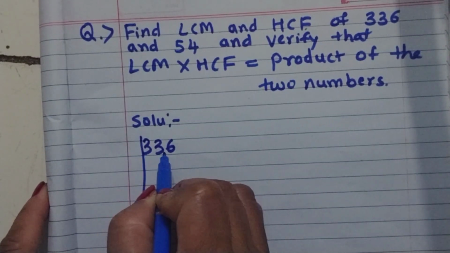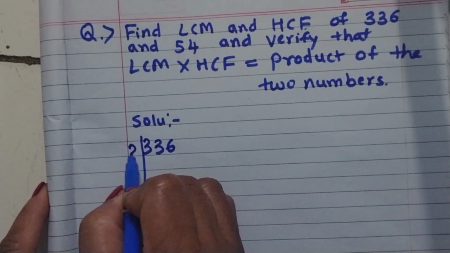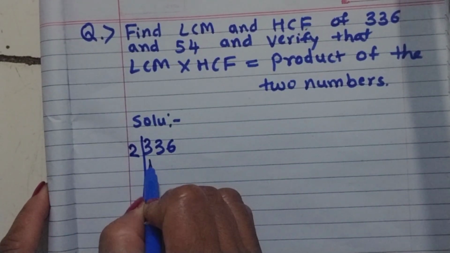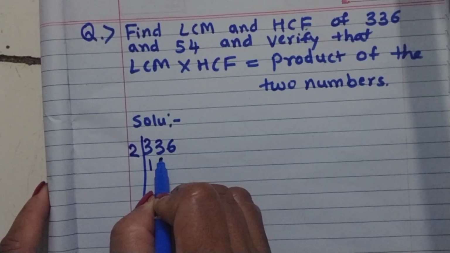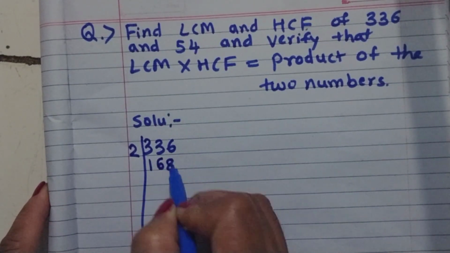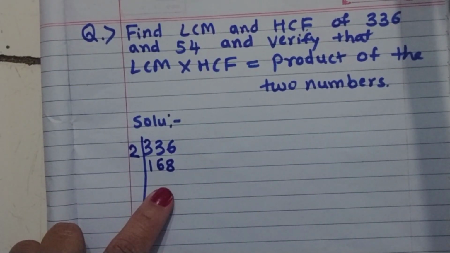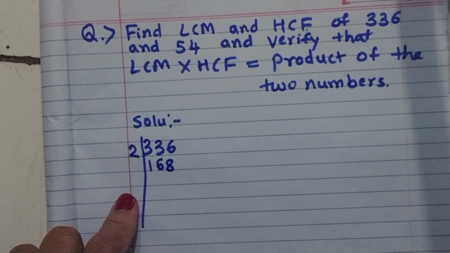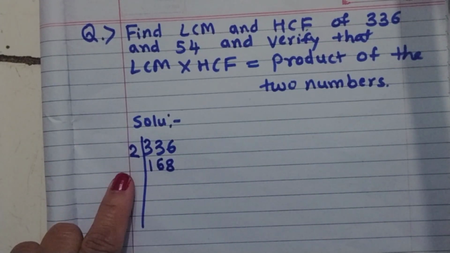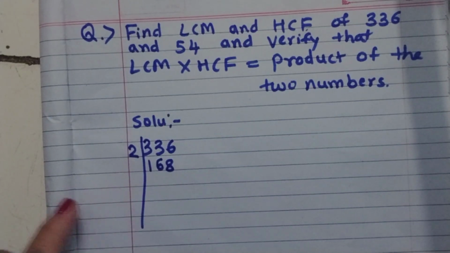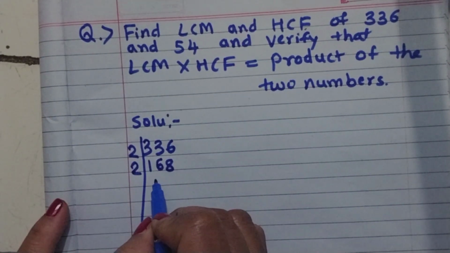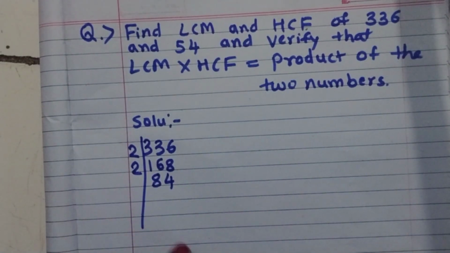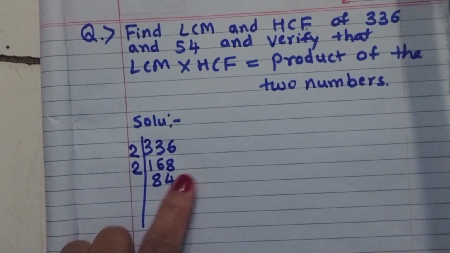So when 336 is divided by 2, we get 168. So again, we start from smallest prime number, 2. Division is possible with 2. We get quotient as 84. So we write 84 below 168.